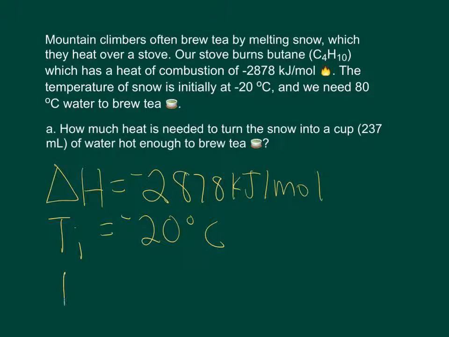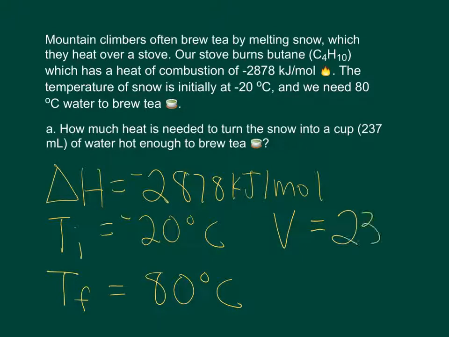The final temperature, Tf, we need to reach to brew the tea is 80 degrees Celsius. The volume, V, of water we are trying to heat is 237 milliliters. In part A, we are trying to find Q, which is the heat required for this process.